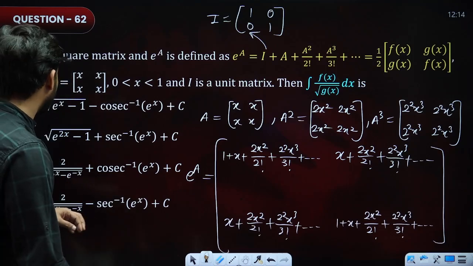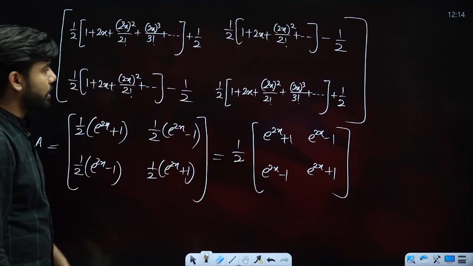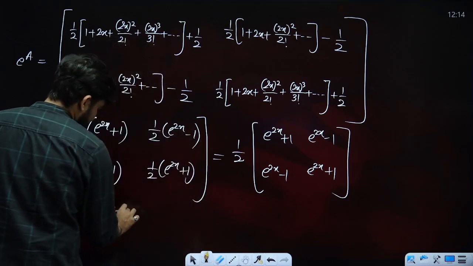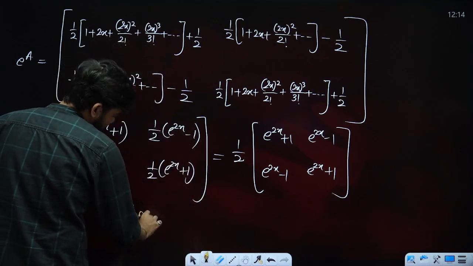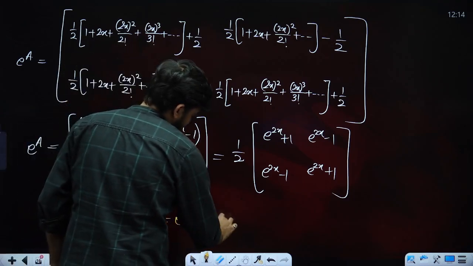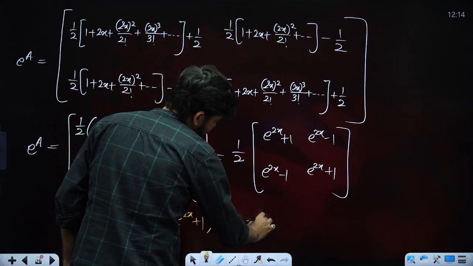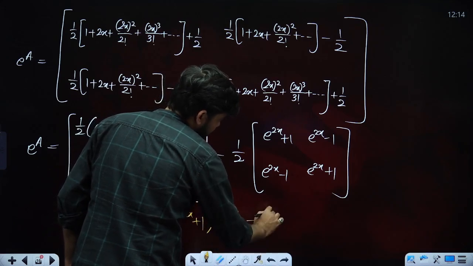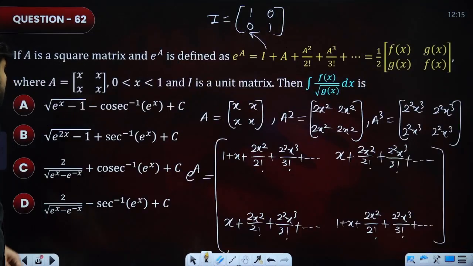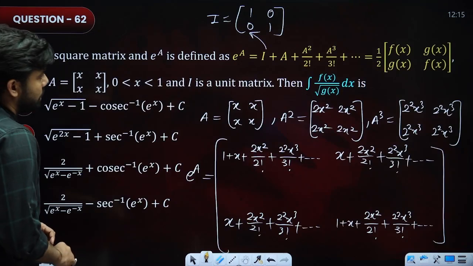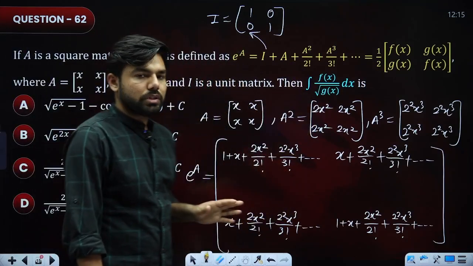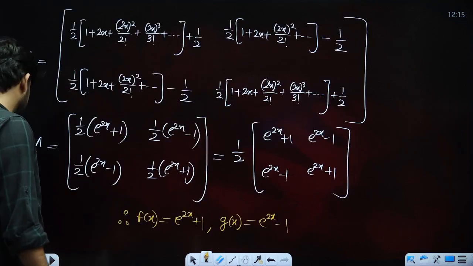Correct. Now, therefore, we can compare f of x and g of x. Therefore, f of x is equal to e raised to 2x plus 1 and g of x is equal to e raised to 2x minus 1. We got this value. Now we have to find the integration of f of x upon under root g of x with respect to x.